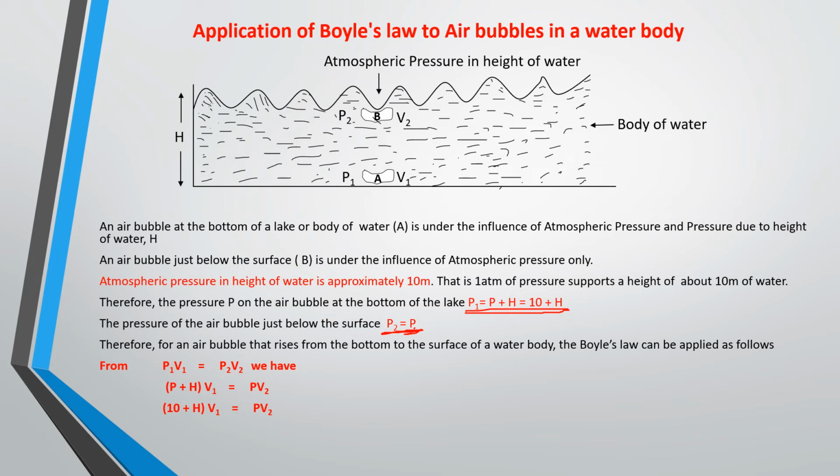So if you apply Boyle's law, you have that P1V1 is equal to P2V2. P1 is this atmospheric pressure plus the height, and V1 is given to you. This equals the pressure when the bubble is just close to the surface, and then V2.